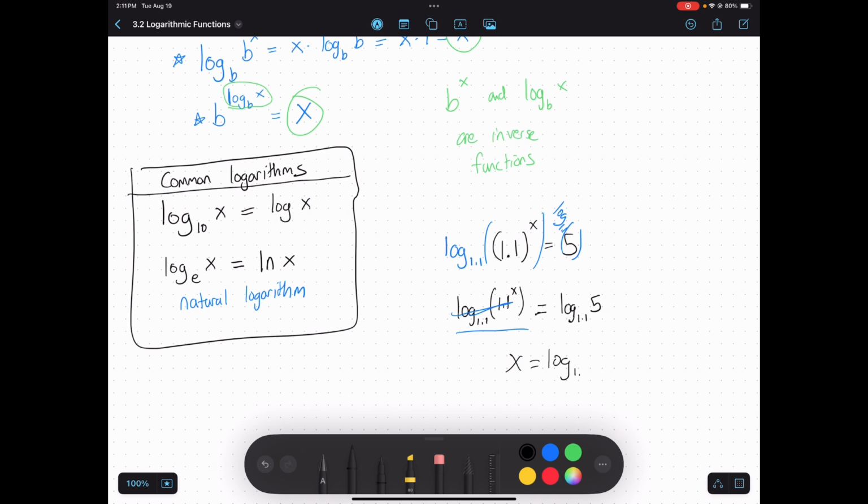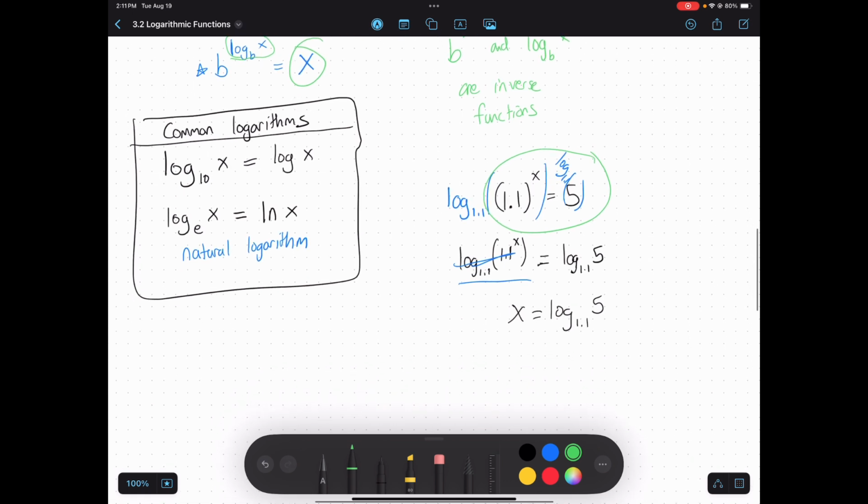And so my answer is just log base 1.1 of 5. And if you think about it, this makes sense. This follows directly the definition of a logarithm. Log base 1.1 of 5 is asking the question, what do I need to raise 1.1 to the power of in order to get 5? Which is exactly what this original question was asking. 1.1 to what power will give me 5?